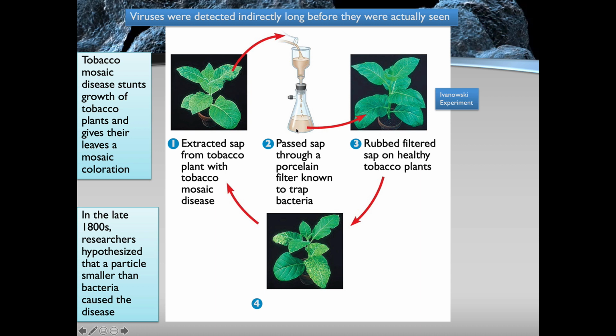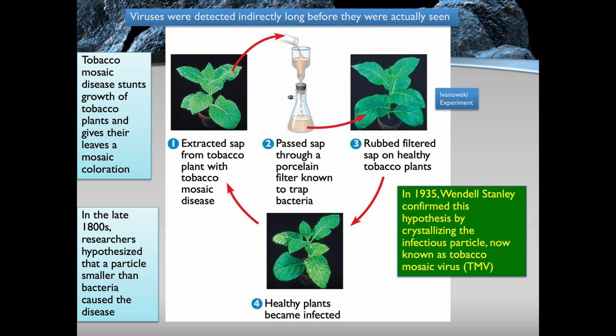They went ahead and they took the filtrate then and rubbed it on the leaves of healthy tobacco plants. This is called the Ivanowski experiment. What they found was that the healthy plants then became infected with tobacco mosaic disease, which ultimately led to the conclusion that if this trap here was collecting bacteria and not letting any pass through, it must be something smaller than bacteria that's causing tobacco plants to be infected.